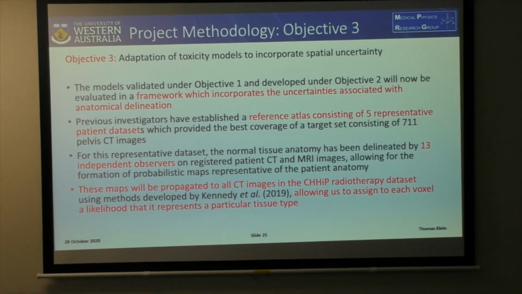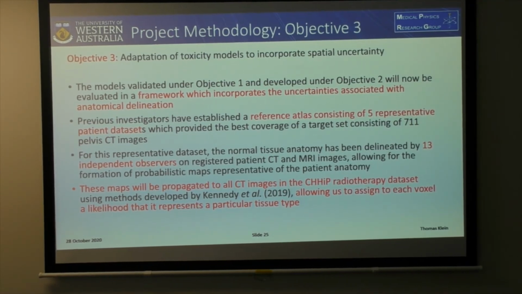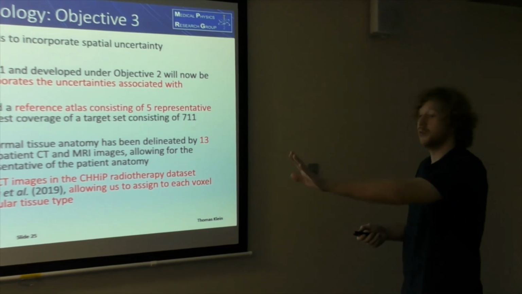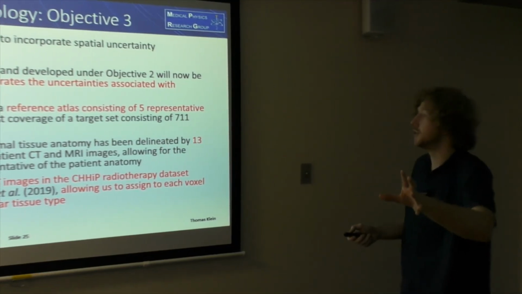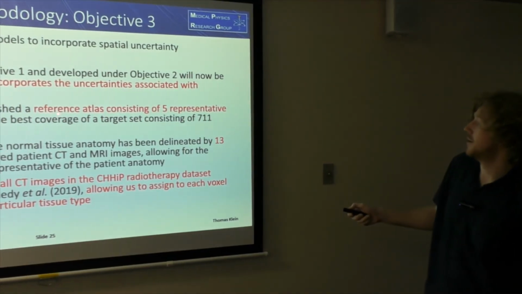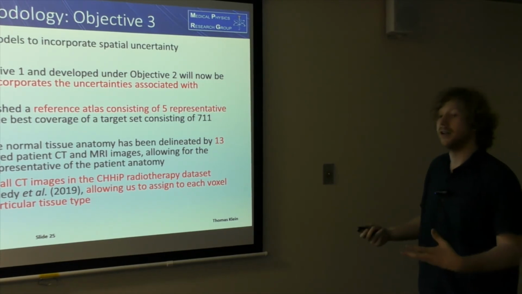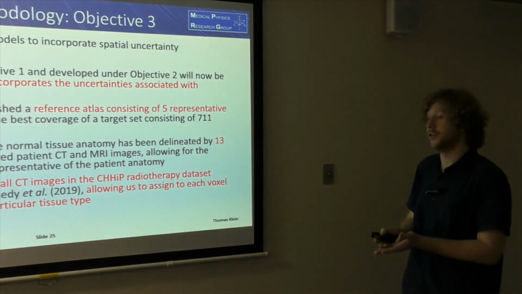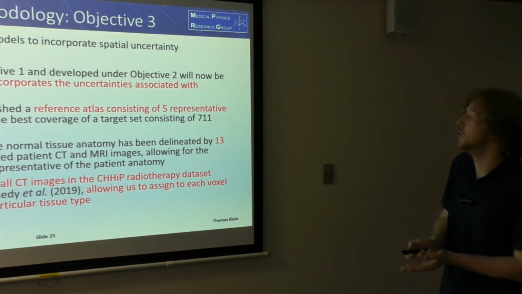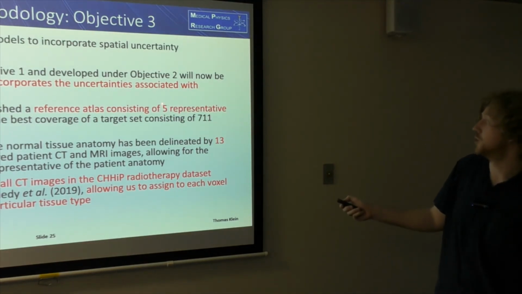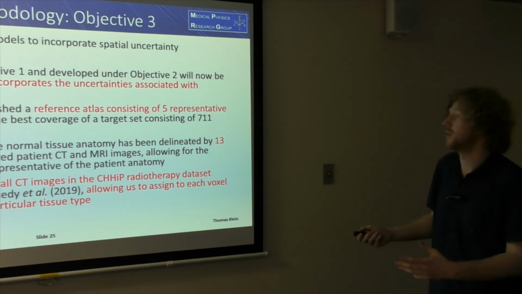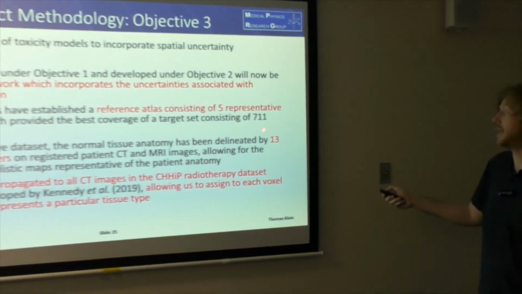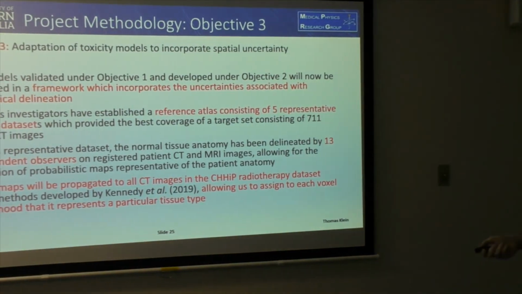So instead of having your patient come in, you define their organs and you develop the treatment plan based on the delineation, we're proposing that if you had a reference atlas which was sufficiently representative of the entire pelvic radiotherapy data set. In a study by Angel, she showed that this 5-patient representative atlas provided adequate coverage of an independent data set of 711 patients.